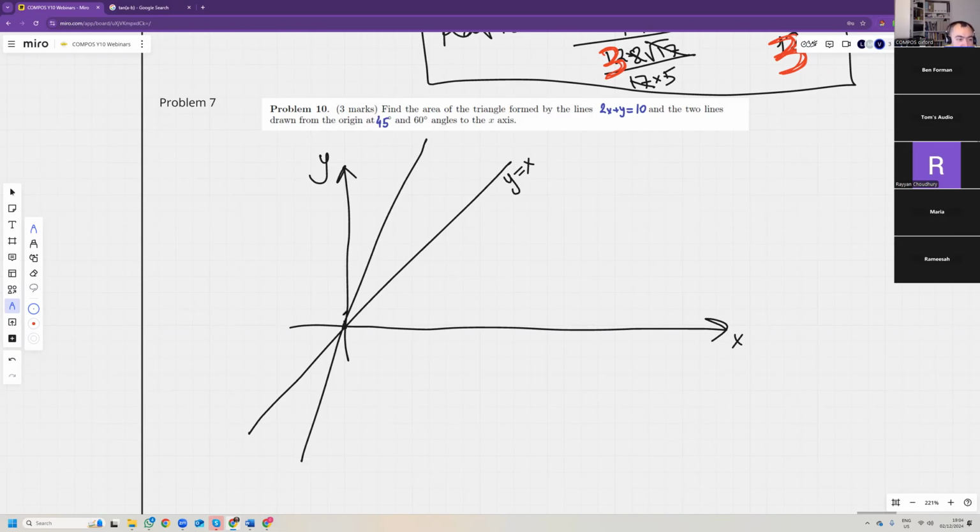And the y-intercept is 0, and the gradient is tan 60. And tan 60 is square root of 3. So y equals square root of 3 x. That's the equation of the line. 2x plus y equals 10 is a straight line that goes through 5 and 10. Okay. So you want to find the area of this triangle.